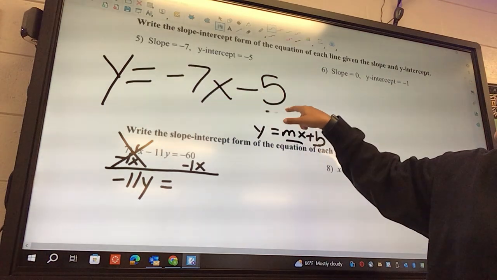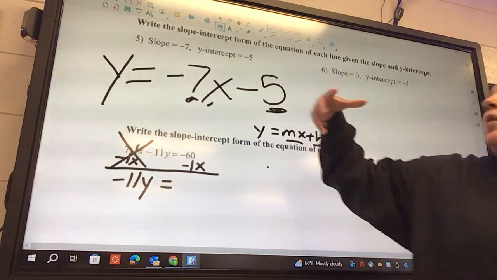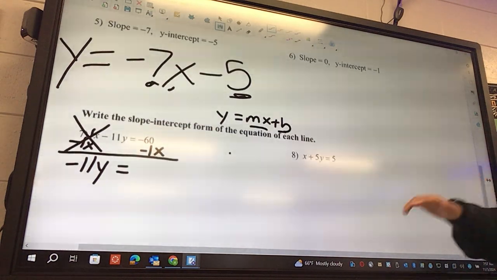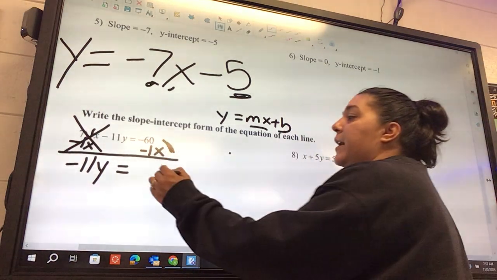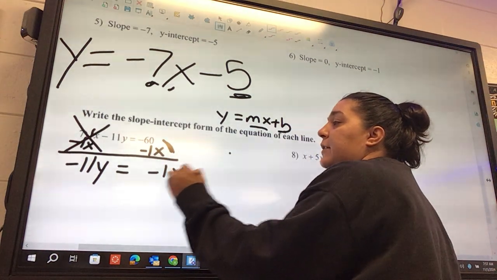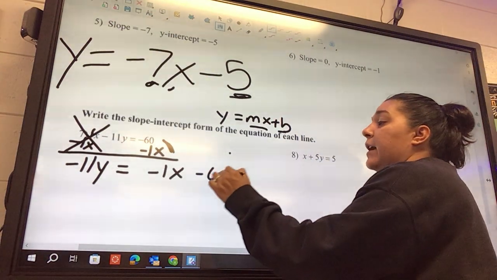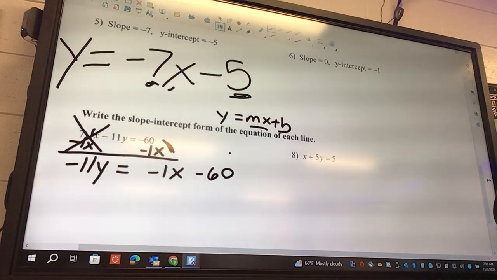See how there's just a number and a number with an x. Which one always comes first? The number with the x. So we're going to write this stuff down, but just in a straight line. The number with the x comes first, so negative 1x, and then we have a minus 60. I'm just taking that and writing it in a straight line rather than up and down.